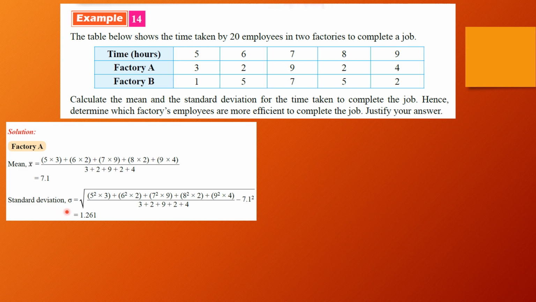Then we find the standard deviation. For standard deviation, we square the hours, not the employees.